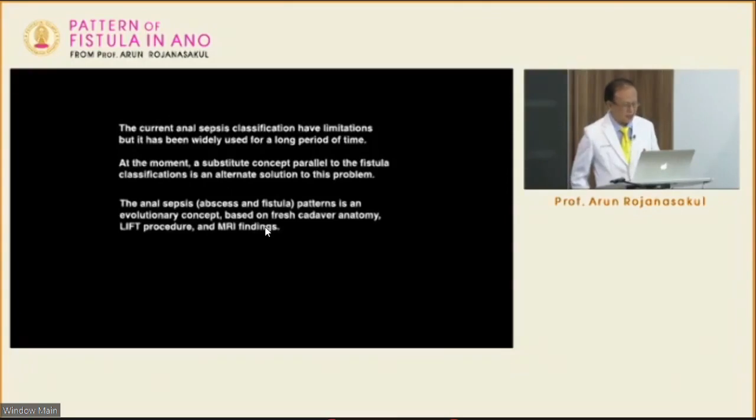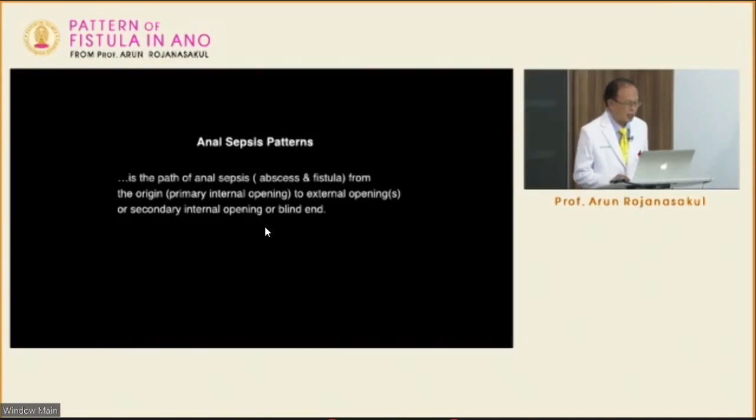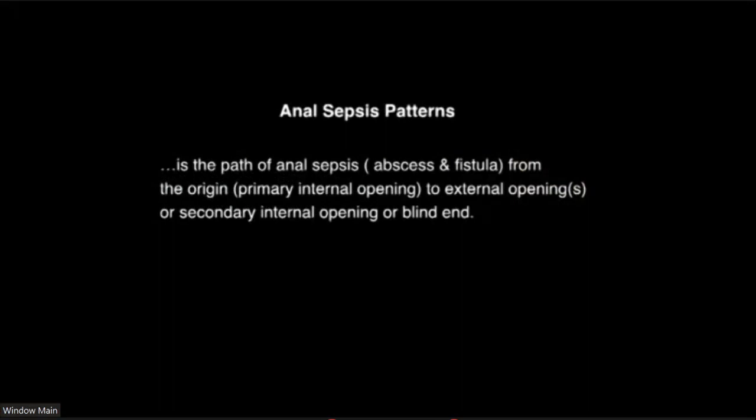This sepsis pattern is based on fresh cadaver anatomy with procedure and MRI findings. The anal sepsis pattern is the path of anal sepsis, abscess and fistula, of course, from the origin, the primary internal opening, to the external opening, or secondary internal opening, or blind end.